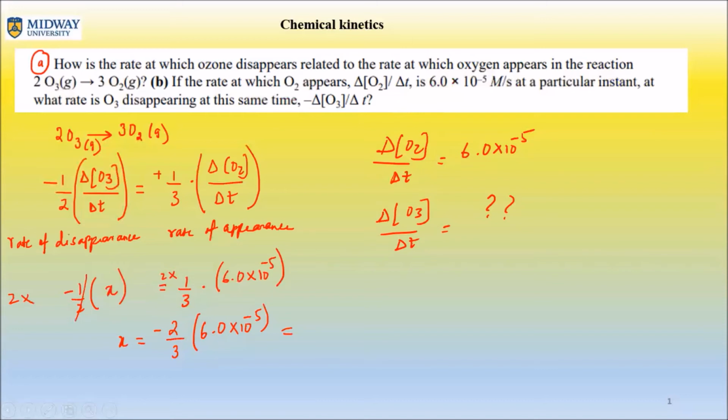All right, sorry for that delay. I had some calculator issues. So it'll be -4 exponent -5. This was the answer I got.